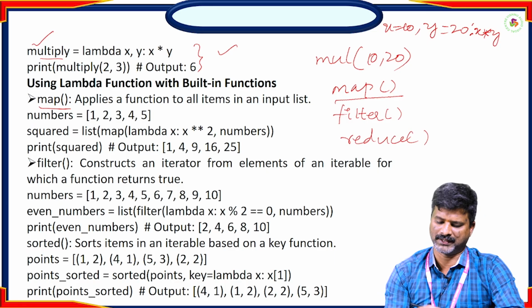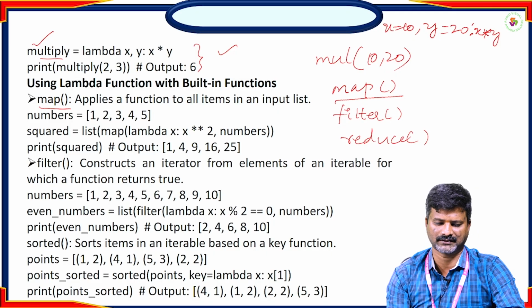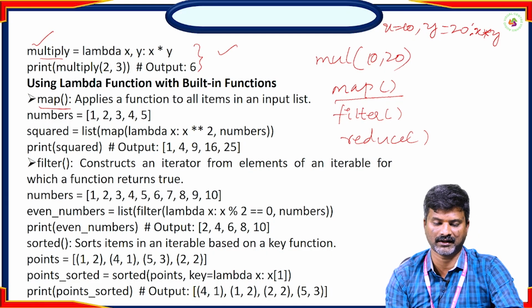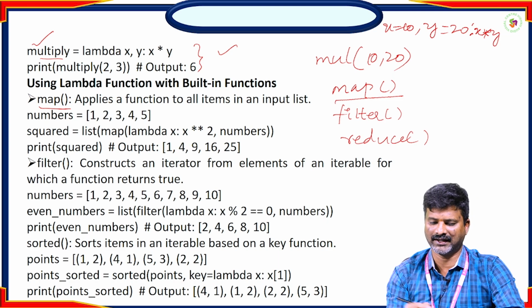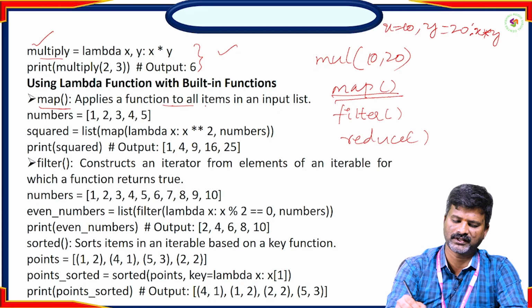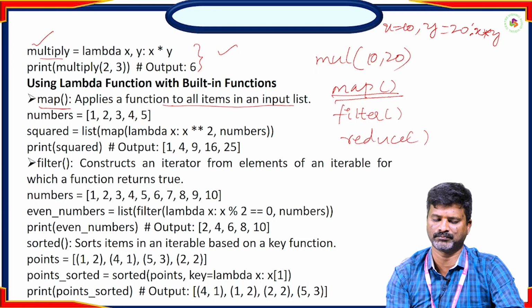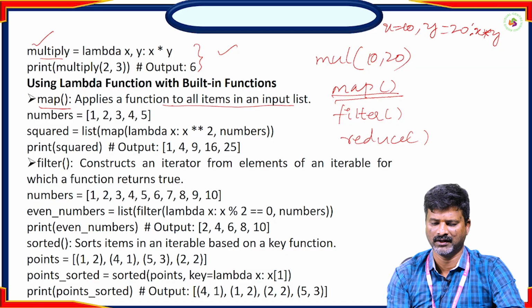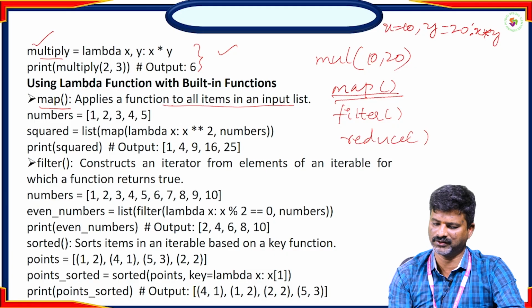The functionality of the map function: whenever you want to perform some task on each and every element of your iterable, in that case we use map. It applies a function to all items in your input, maybe a list, maybe a tuple, maybe a string, whatever iterable you are taking.